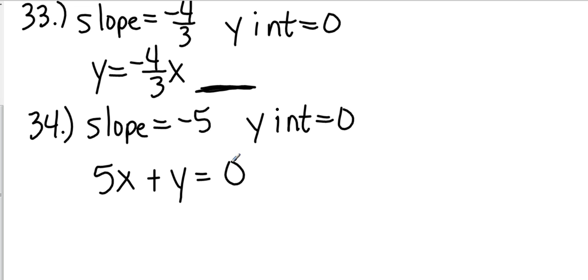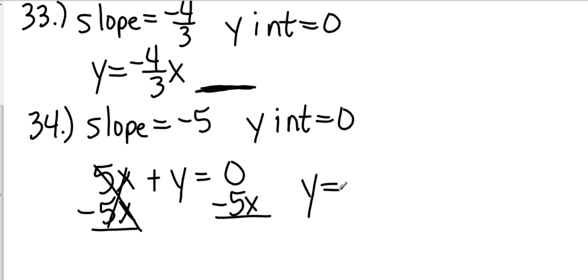So we need to get it that way, and to get the y by itself, I have to move the 5x. Because it's a positive 5x, I move it by subtracting it. And so that will cancel on this side, leaving me with y equals, and on the other side that 0 doesn't mean anything because it doesn't change anything. I just end up with y equals negative 5x. The number in front of the x is my slope, which is negative 5. And again, my y-intercept is 0 because I could add 0 to that and not change it.